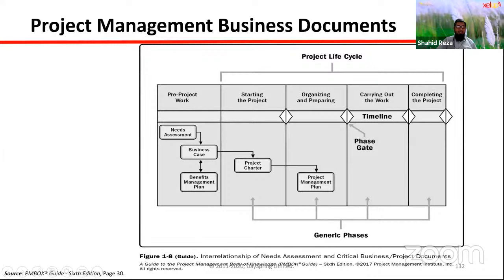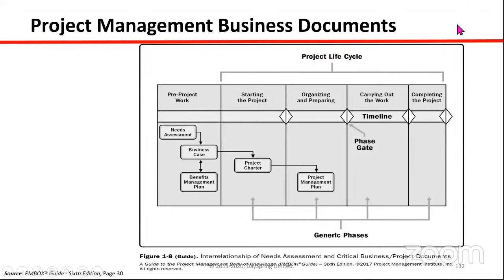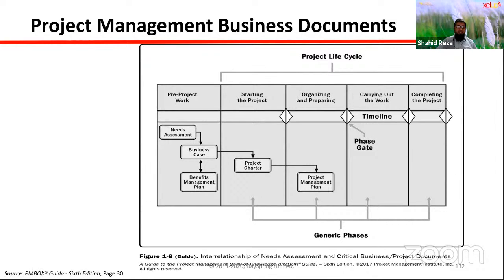You have mentioned in the timeline, phase gate. Actually, is this a phase gate or a milestone in the timeline frame? This is a phase gate. What is the definition of a phase gate? The end of the phase. At the end of the phase, we do the activity related to the phase gate.